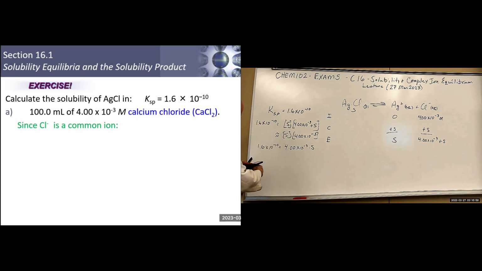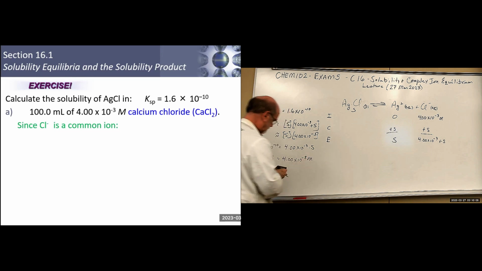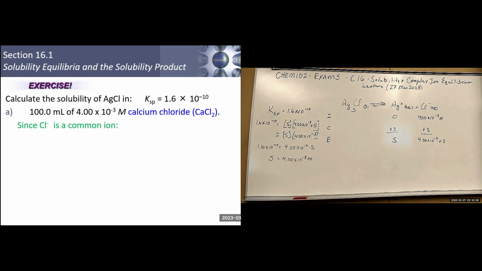Divide. So I get 4 times 10 to the minus 8. Solubility equals 4 times 10 to the minus 8 molar. And that being correct, it's a lot lower than this value. So we could run the 5% test to be sure, but I'm convinced that it's going to be less than 5%.